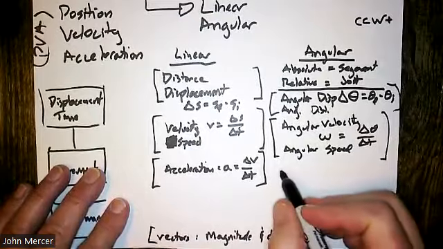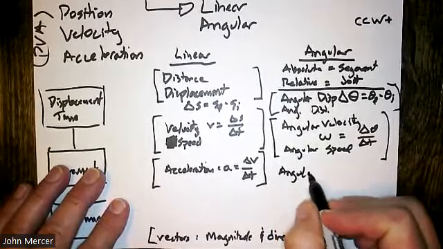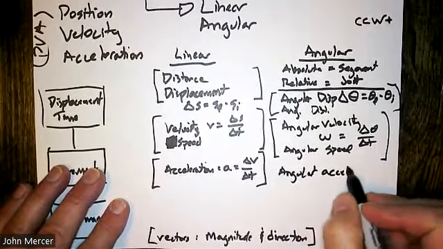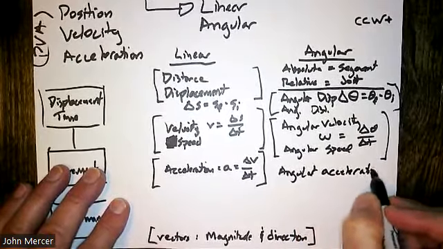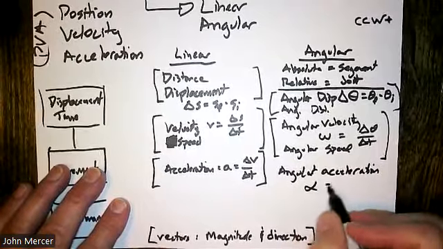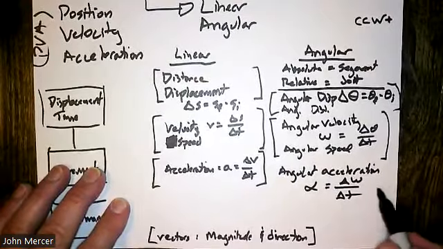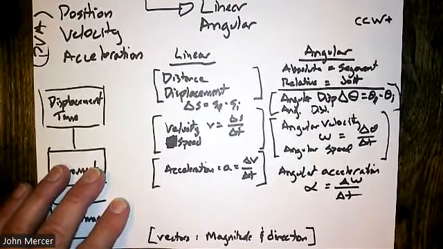And then the final one is angular acceleration. In angular acceleration, we use the symbol alpha, and that is equal to the time rate of change of angular velocity, so delta omega over delta t.